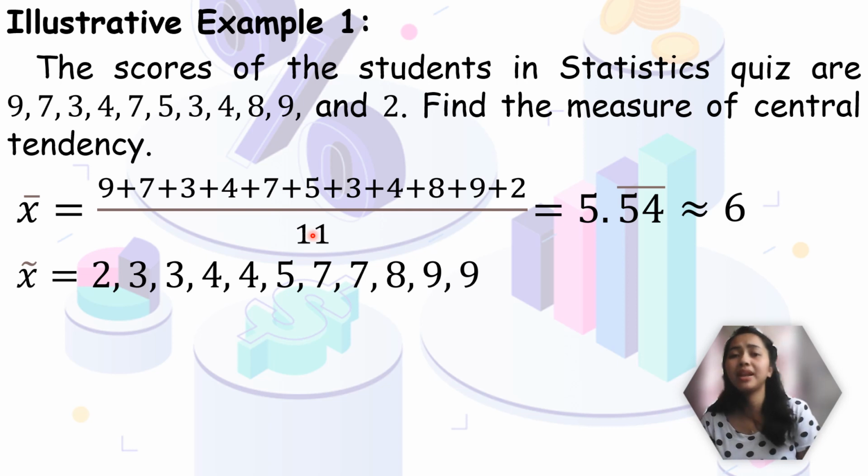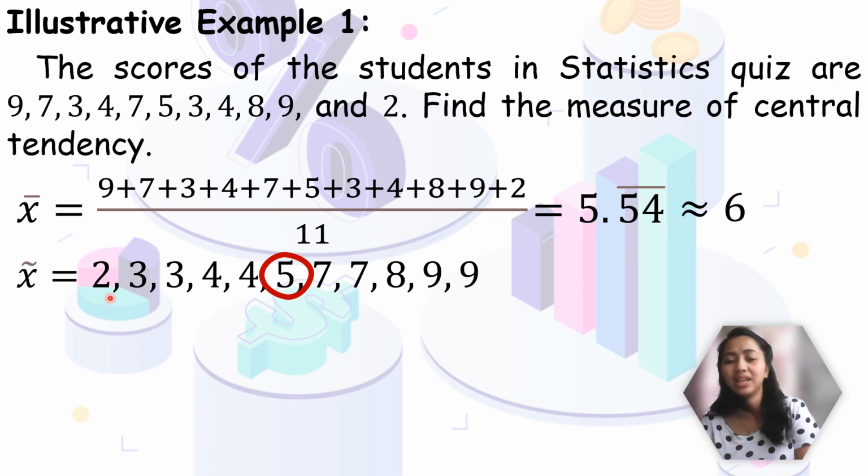If we're going to divide it by 2, we will be having 5.5. But then again, there is no such place na 5.5 in the given sequence or order. So what we are going to do is just round up 5.5 and it will give us 6. Therefore, our middle score or median here is 5.